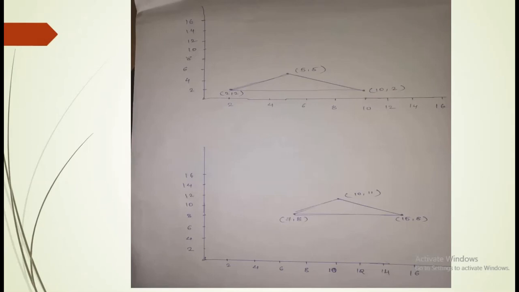We add this shift vector to the original coordinate and we get the translated values, that is p dash, and the formula is p dash is equal to p plus t. By using this formula, we translate our image or object.